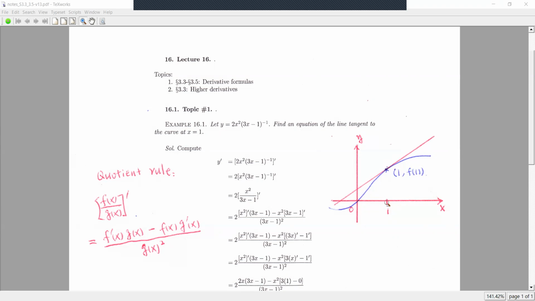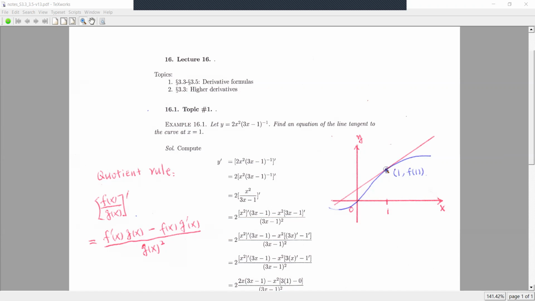Suppose 1 is here. Corresponding to 1 is this point on the graph of the function. This point, the x coordinate is 1. The y coordinate is the function value at 1. To get the function value at 1, plug in 1 for the x here, then the function value at 1 is 1.